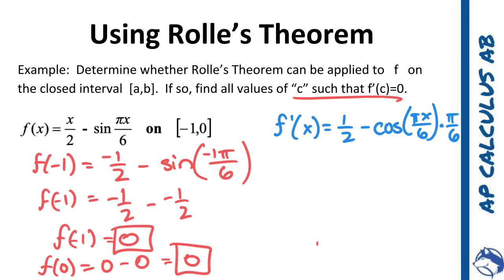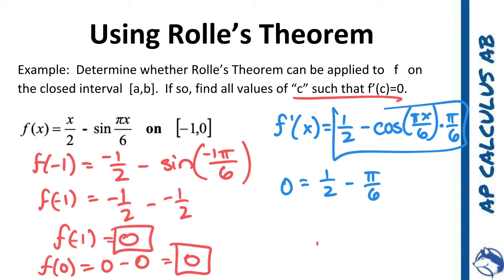So if I go ahead and do this, I want to find all of the times where this chunk is equal to 0. So what I'm going to write is 0 is equal to 1/2 minus pi over 6 cosine of pi x over 6.